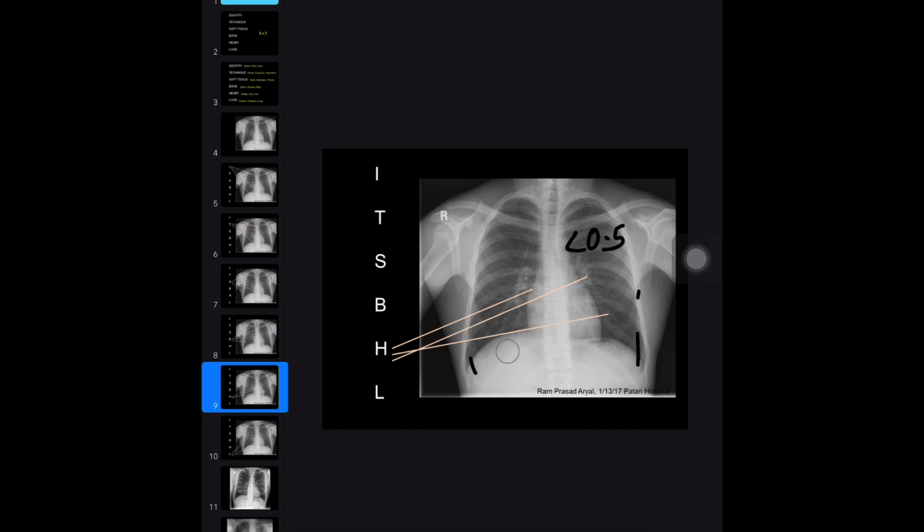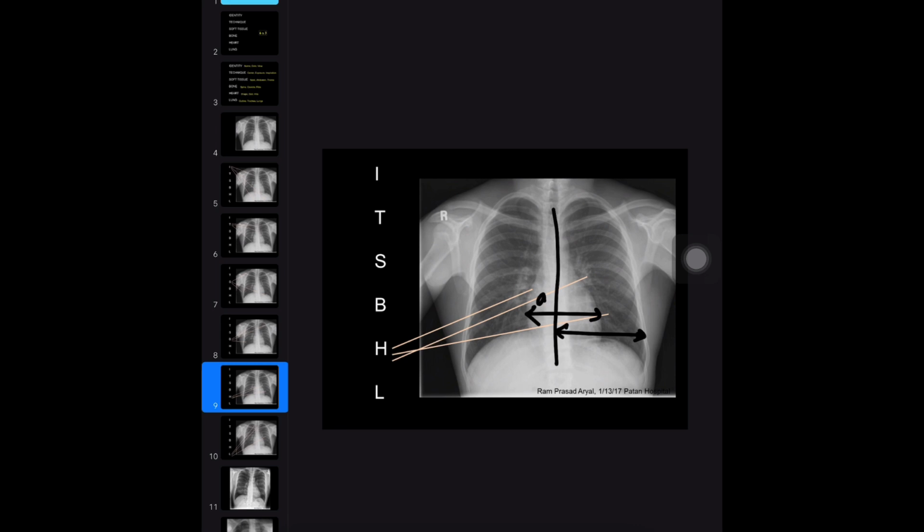So for calculating that, you have to get the center point, and then the heart is this, okay, and the half part of the thorax is this.